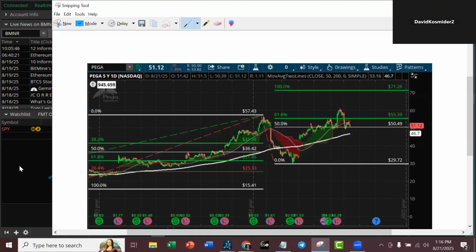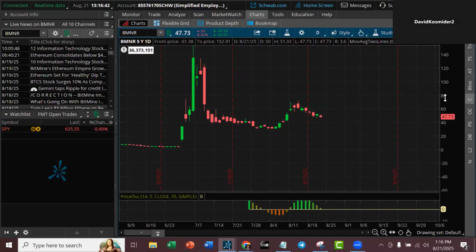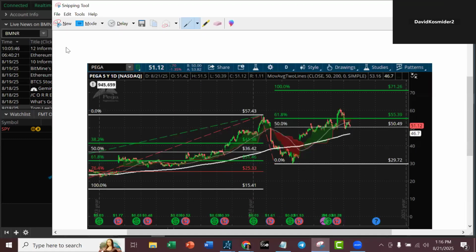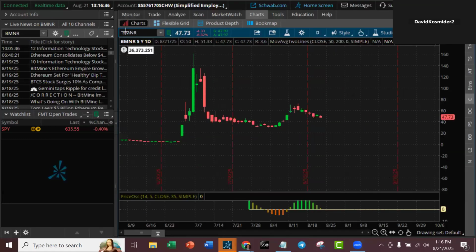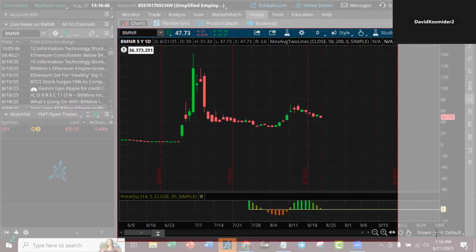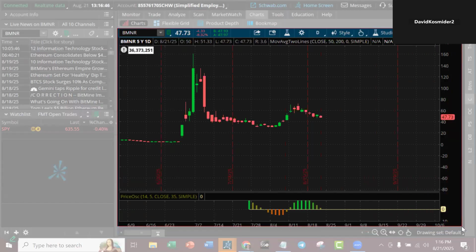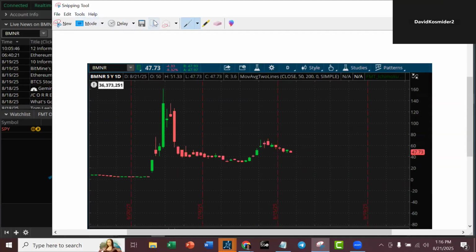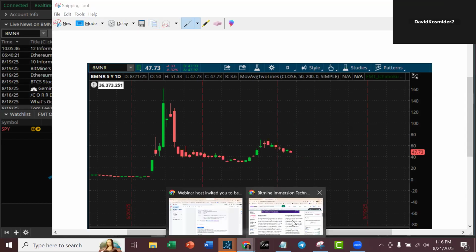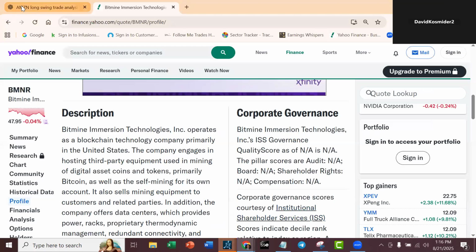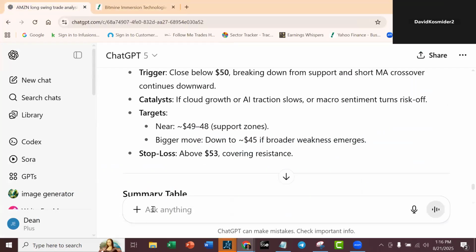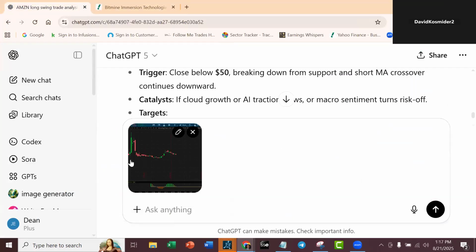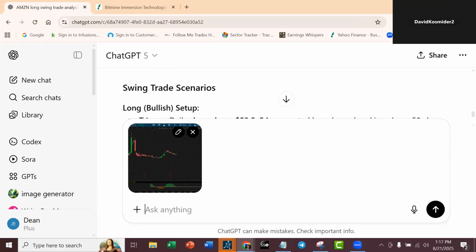Oops, let me scale the chart right. So screenshot, be good. Okay, and we go back here to our good friend. Upload the screenshot. Go grab my prompt.